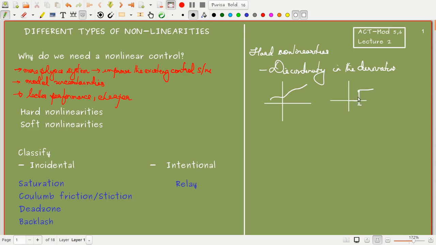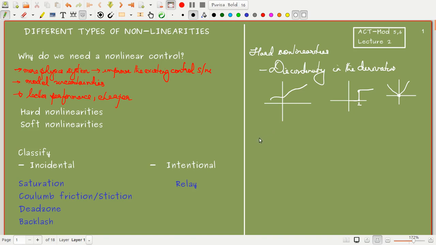I cannot take the derivative at this point. For example, if I consider the mod x function, there is a singularity here, which means there is a discontinuity. These kinds of nonlinearities are called hard nonlinearities, which we come across in systems. This has to be considered while modeling and designing controllers.